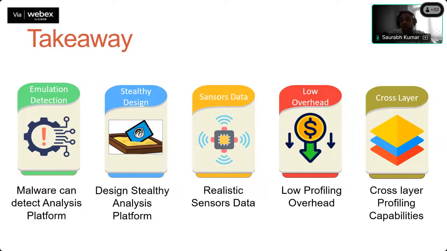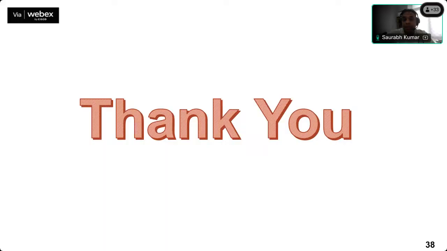If we have all these three in a dynamic analysis framework, then your analysis framework will be a very robust thing, and you can run any kind of analysis task on it. That's the main thing. And thank you.